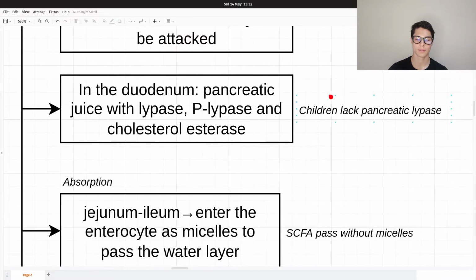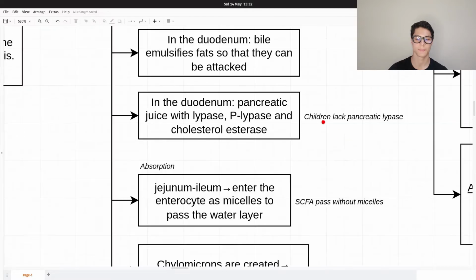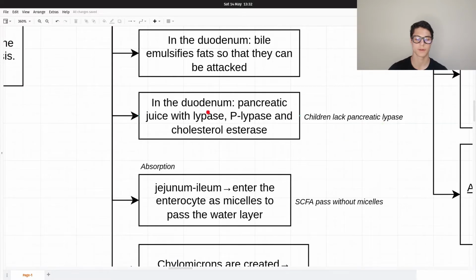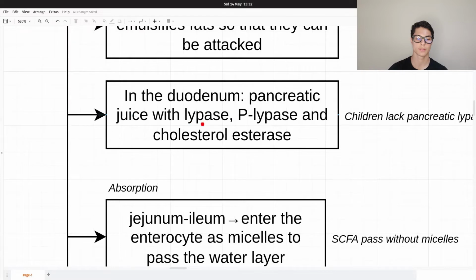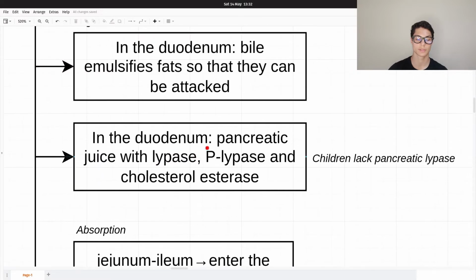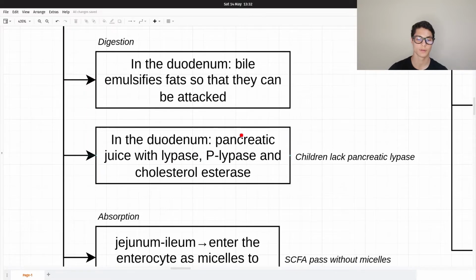The problem here, I put, is that children lack pancreatic lipase. The pancreatic lipase is very important for fat absorption, which we're going to see next, because without the lipase we cannot degrade the fat into fatty acids, and bigger molecules of fats are not absorbed.